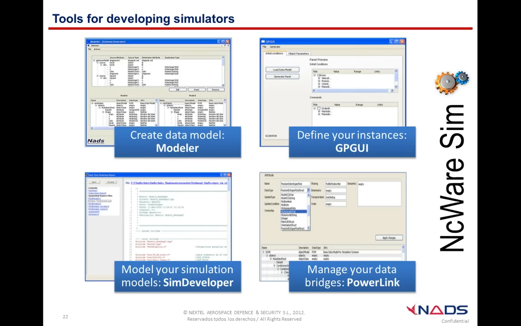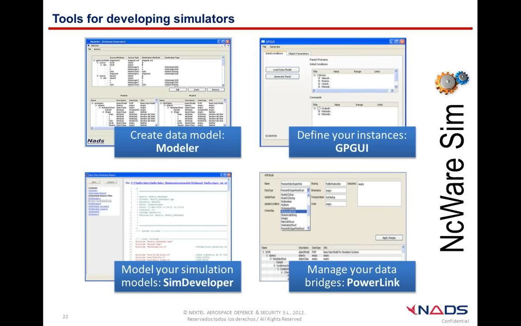Another tool is for modeling your simulation models, that is Developer. This tool is integrated into MATLAB Simulink. You model your elements in MATLAB Simulink, and we make a library for you with this data model, and you can use it. Another tool is PowerLink for creating and managing your data.